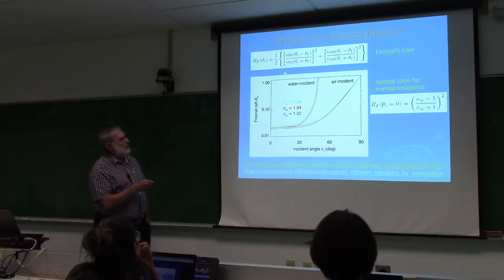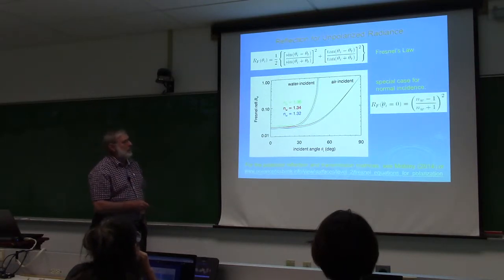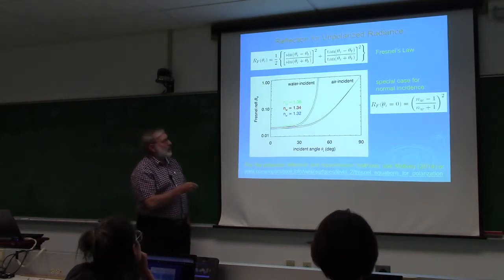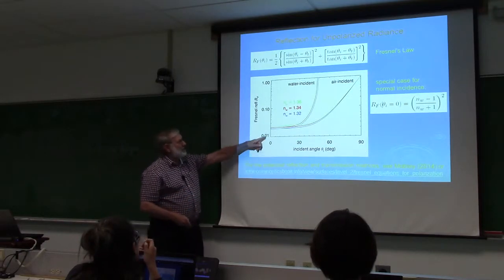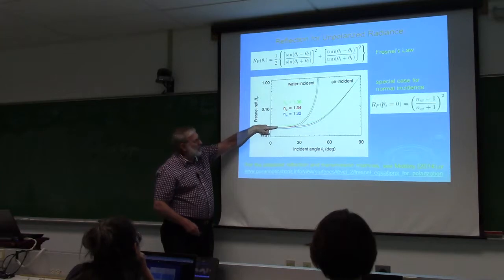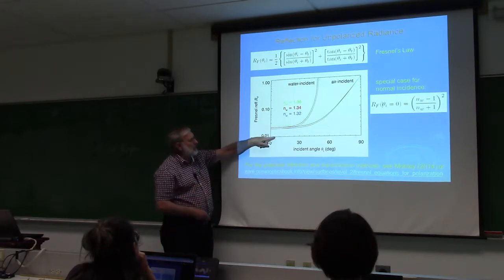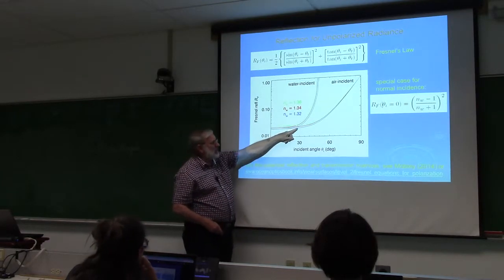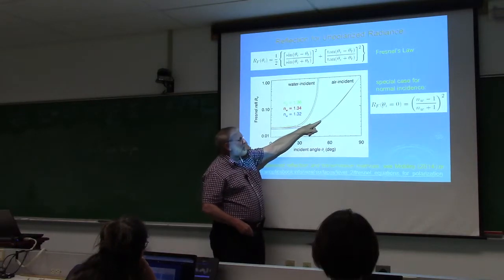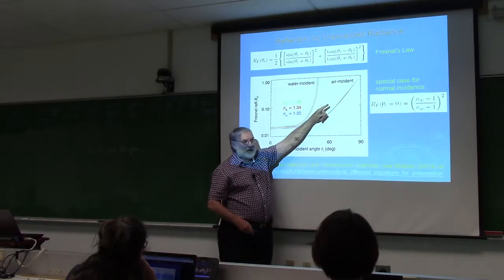You've probably seen this equation around, and this is for unpolarized incident light being reflected into unpolarized. So if it's air incident on water, it's roughly 2%, depending a little bit on the index of refraction, but it's roughly a couple of percent till you get out past 40 or 50 degrees, and then it rises quickly.